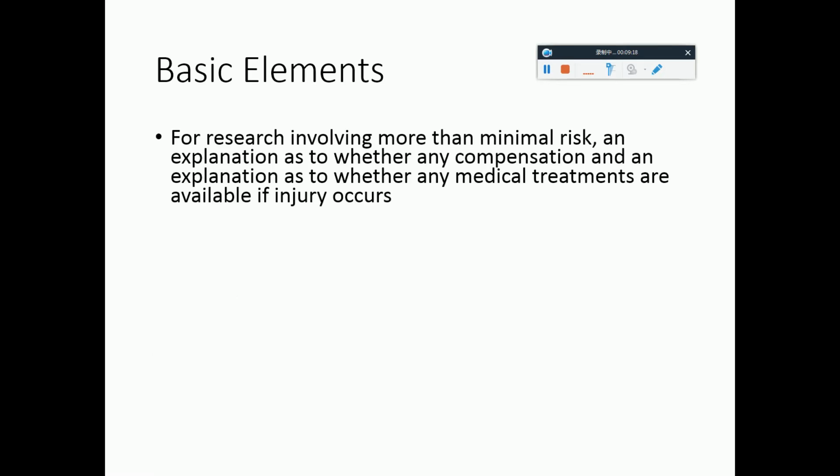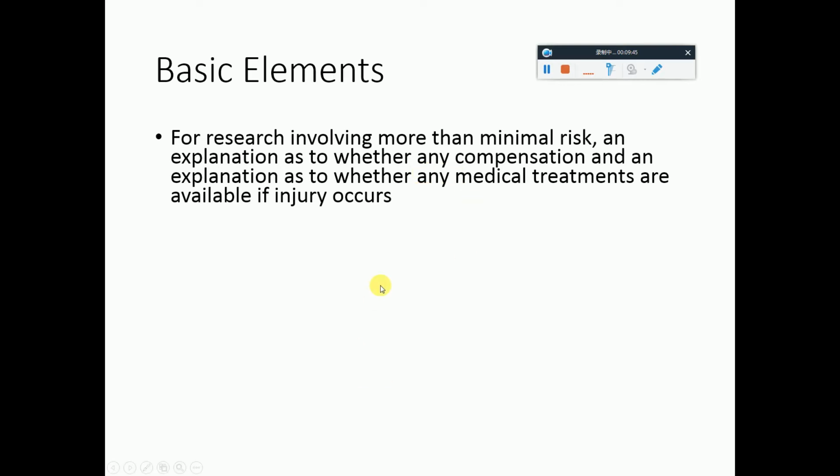The fifth basic element in good informed consent applies when research involves more than minimal risks. Researchers must provide an explanation as to whether any compensation and any medical treatments are available if injury occurs.